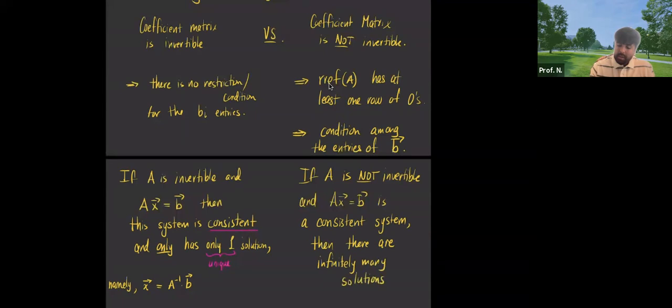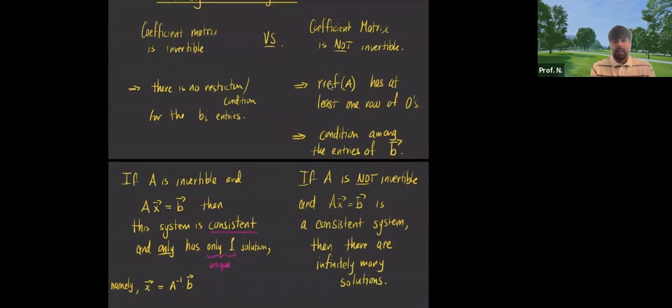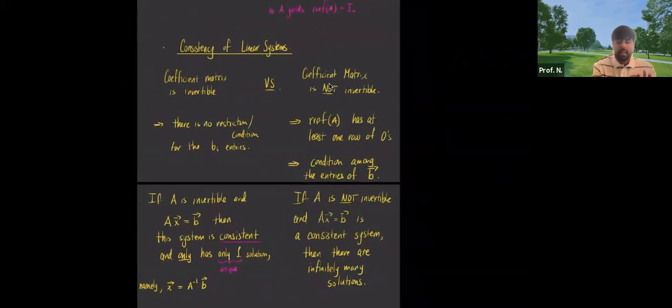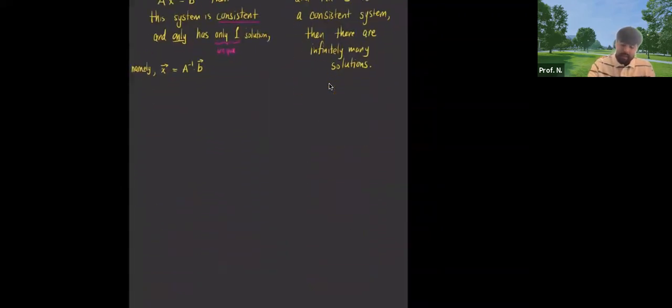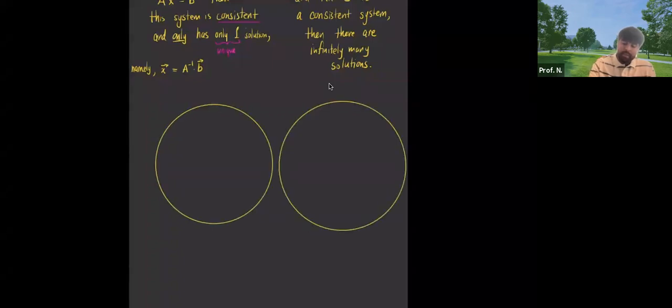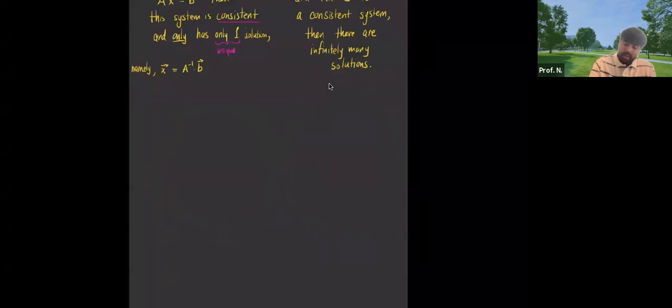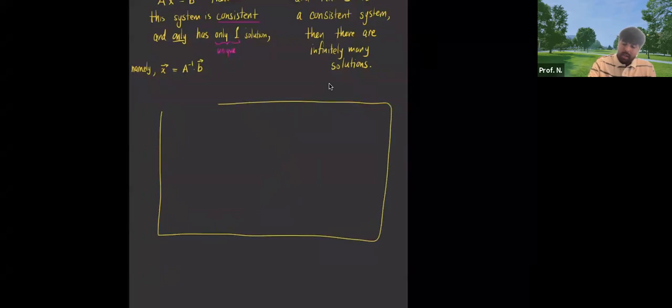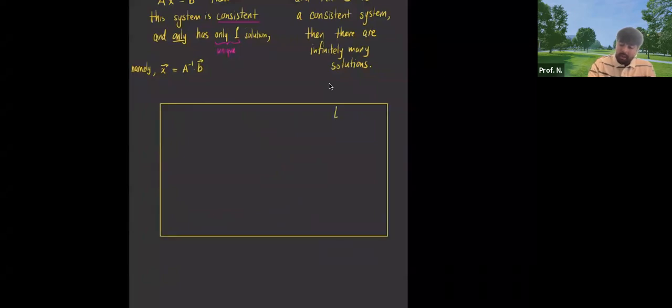Okay, so we have consistent systems and inconsistent systems. Let me do this like this. This will be the set of all linear systems.